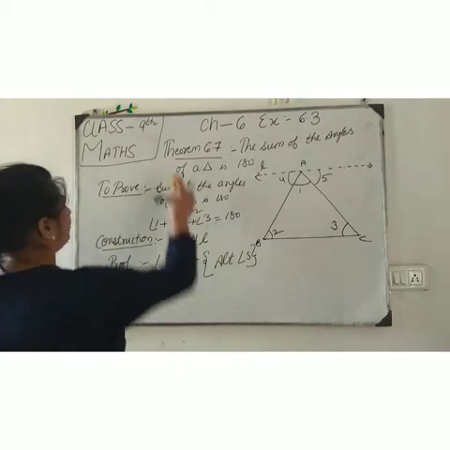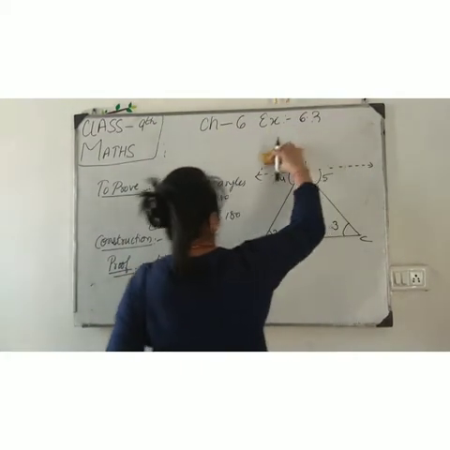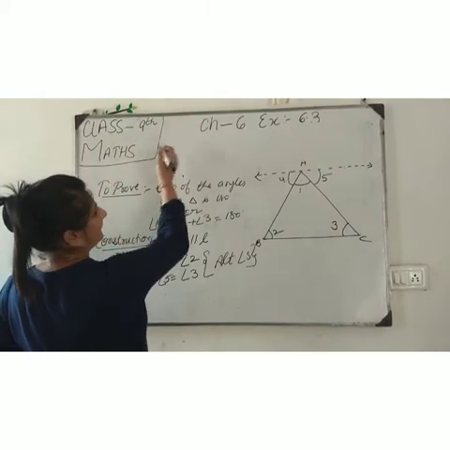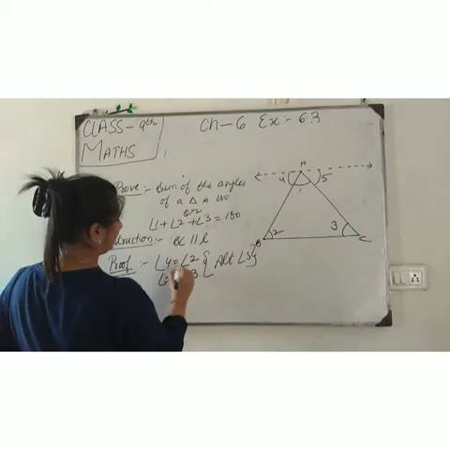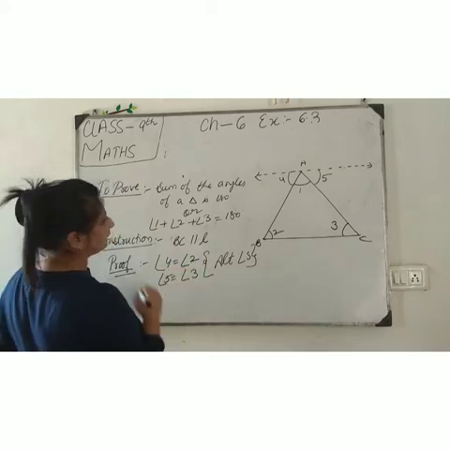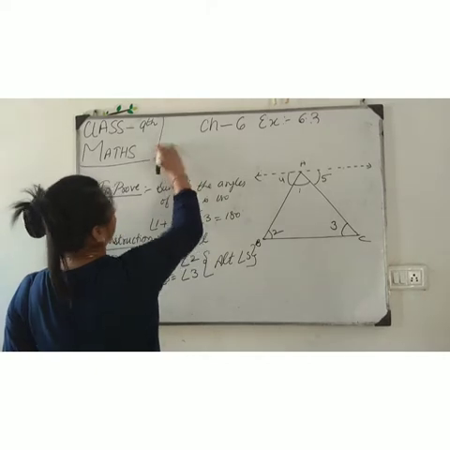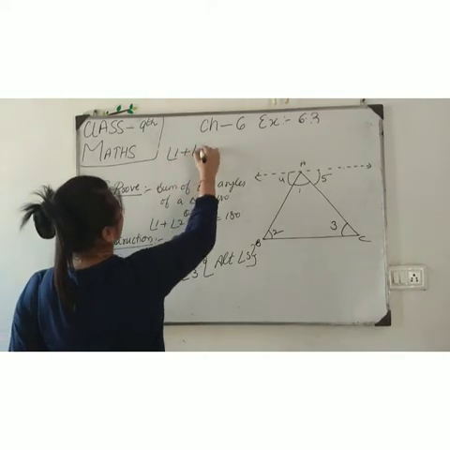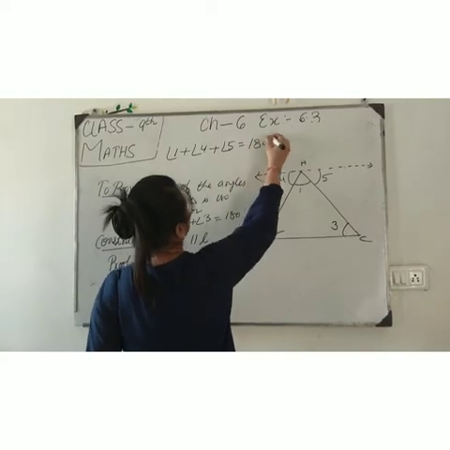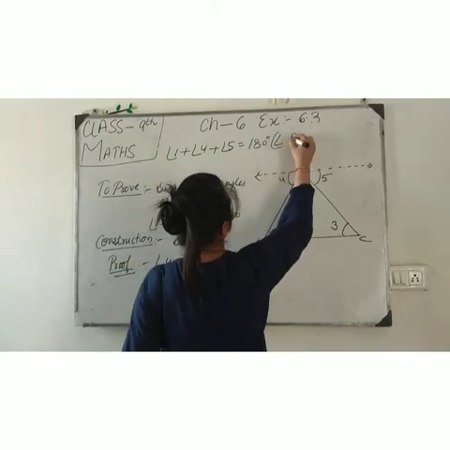And the next step: angle 4 equal to angle 2, angle 5 equal to angle 3. Next step, angle 1 plus angle 4 plus angle 5 equal to 180 degrees. Reason: linear pair.